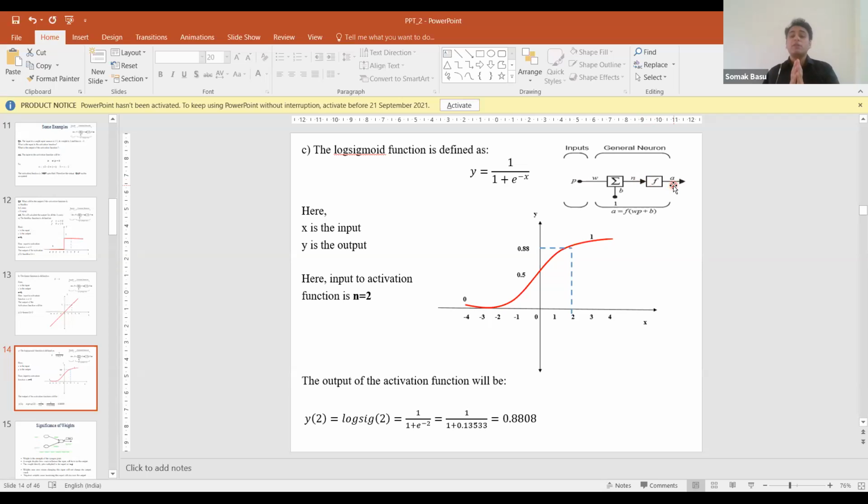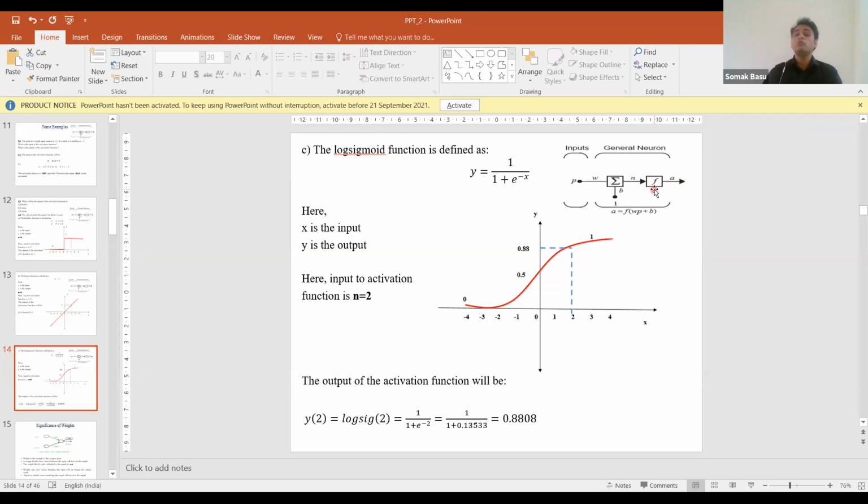The output of the activation function is actually the output of the neuron. What do I exactly mean by that? This is nothing but a kind of decision that the neural network takes. If the input is this, the weight is this, the bias is this, what will be the output?